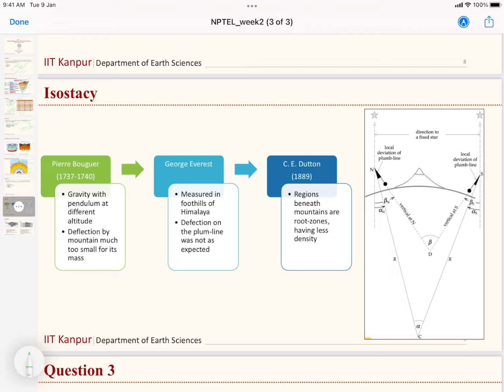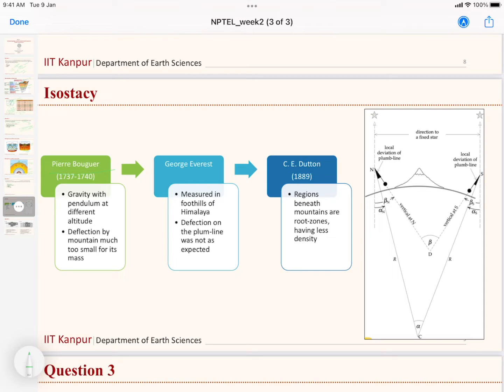In isostasy there are lots of theories about it. So let's talk about the first researchers who tried to explain the phenomenon. But the question comes: why did they conduct this kind of series of experiments, what was the major motive? The major motive was to understand the mean density of the earth. But you all can say that we have a gravitational formula, and from that we can easily calculate the density of the earth.